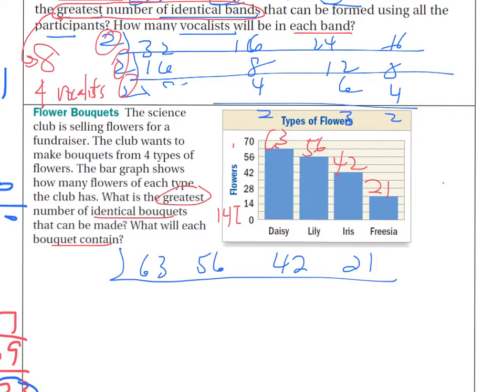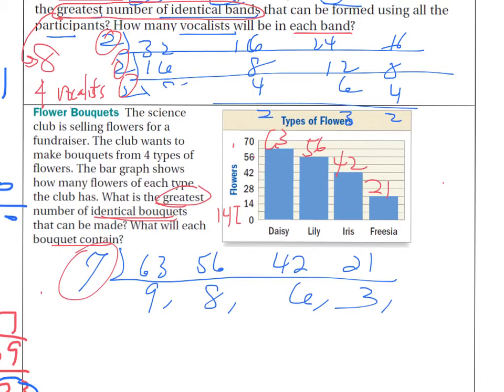And I see that they share a lowest common prime factor of 7. And we move down to... Okay, and then we stop here, because we can't find any more common factors between all 4 numbers other than 1. 7 is the greatest number of identical bouquets you can make.